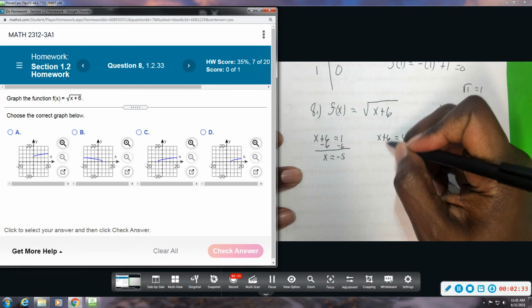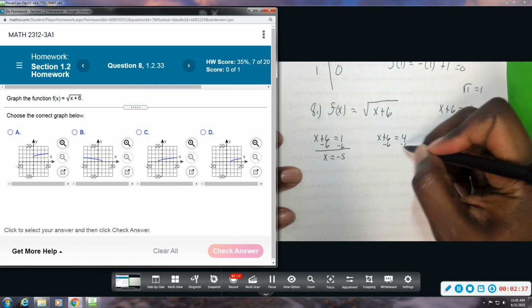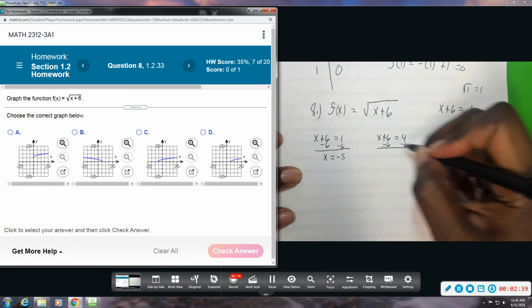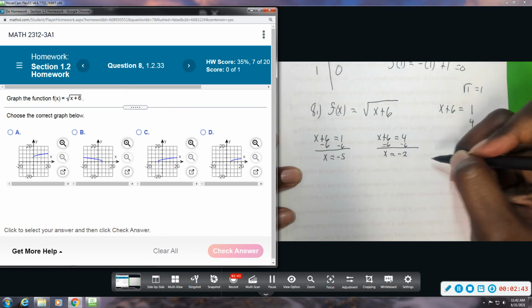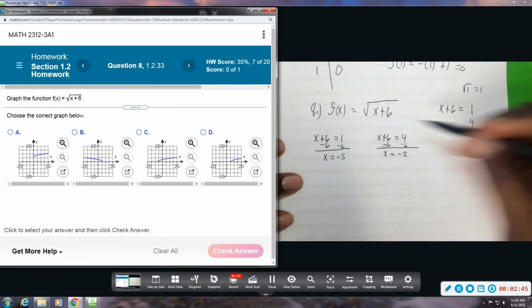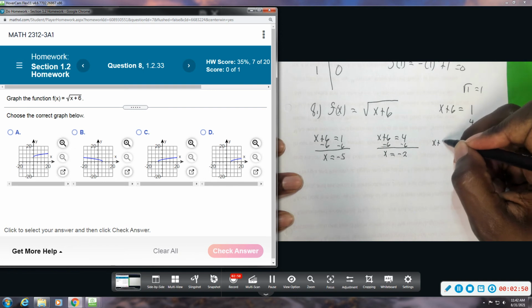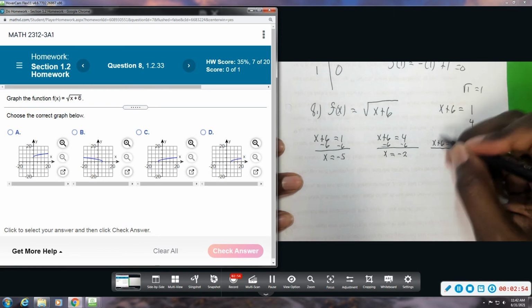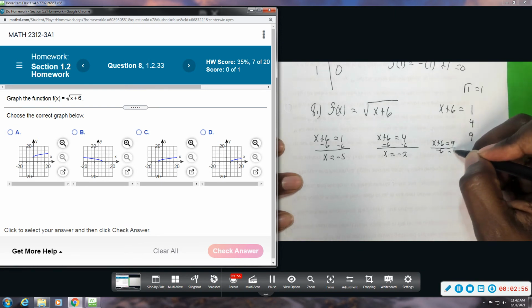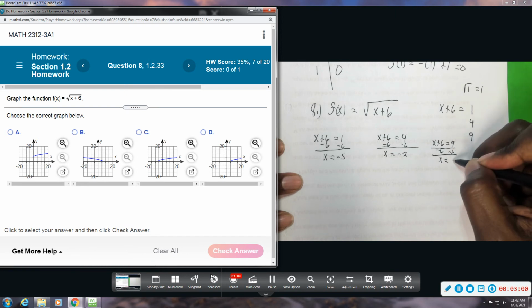So here I want to subtract 6 again from both sides, and when solving this, we would get x equals negative 2, and then we'll do one more. That's 9, so I'm going to say x plus 6 equals 9. So what number do I need to plug in for x? We would subtract 6 from both sides, and that would give us x equals 3.